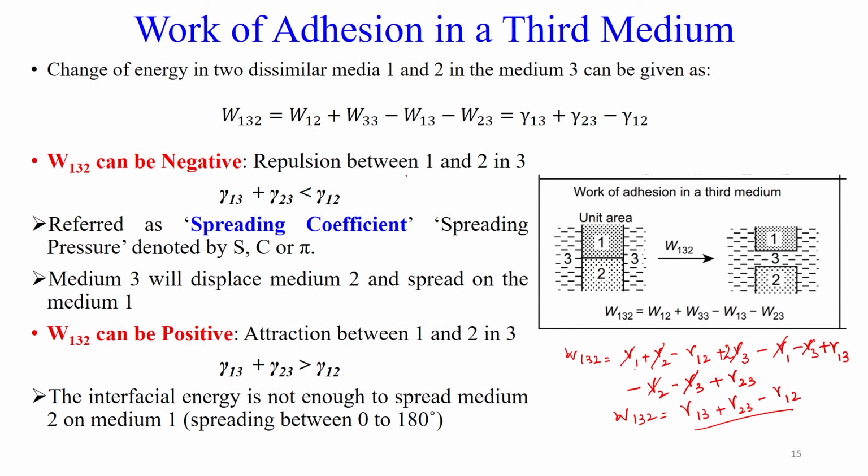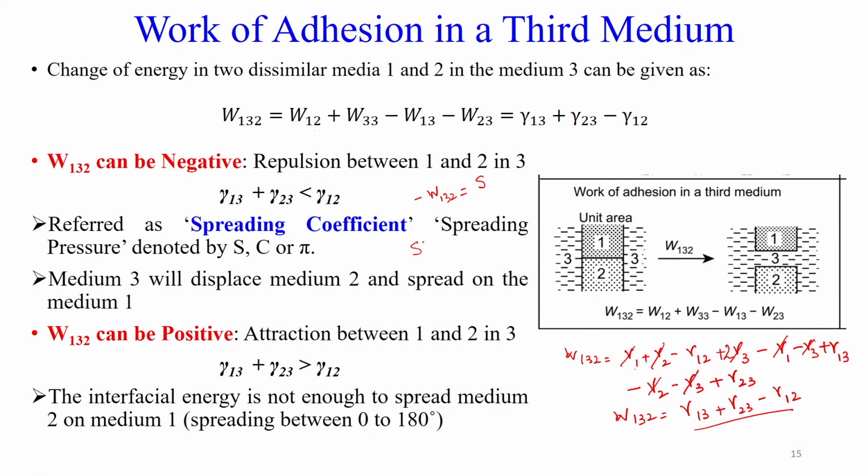It means there is a repulsion between 1 and 2 in 3. That is why gamma 13 and gamma 23 will be lesser than gamma 12. So, if it is a negative value, or you can say minus W132, it is also referred to as the spreading coefficient or spreading pressure, sometimes denoted as C or pi.